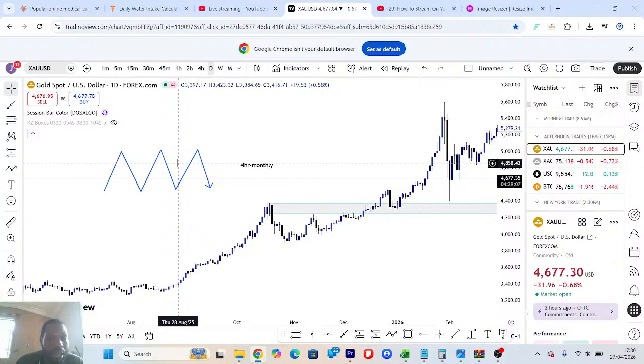For instance, you may say gold is selling. No, let me not use gold, because gold is always bullish. Let's just say a market like GBP USD, right? If you go to a higher time frame, maybe weekly or monthly, you will see that to some extent the market is consolidating.